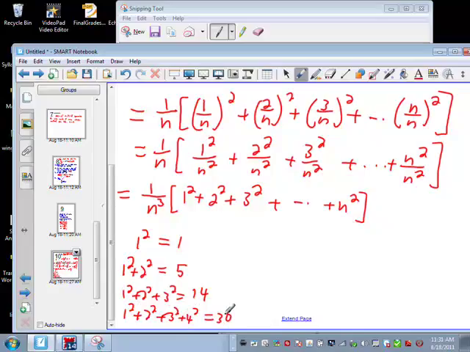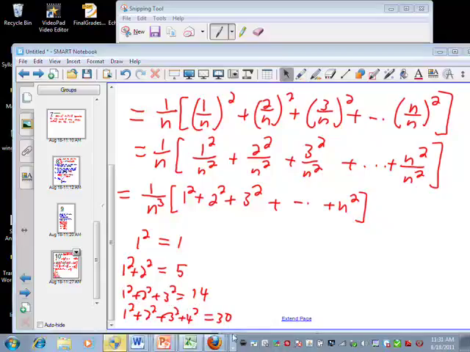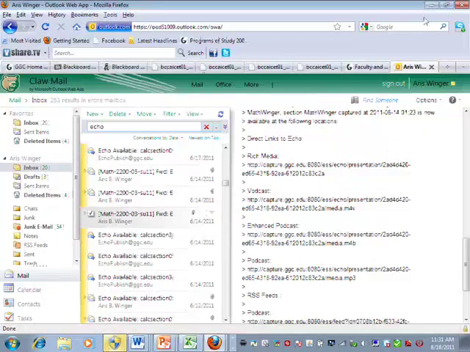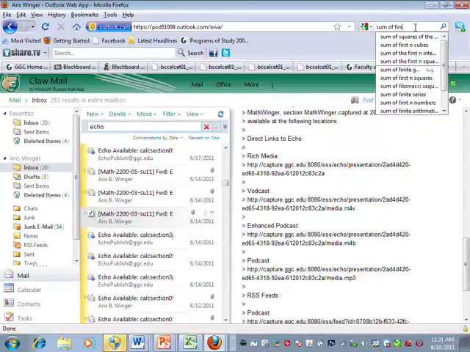So now let's do some research. Let's see if we can find something. What's the sum of the first n squares? Sum of first n squares. Are they going to be nice to us?